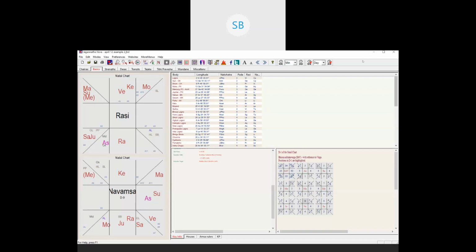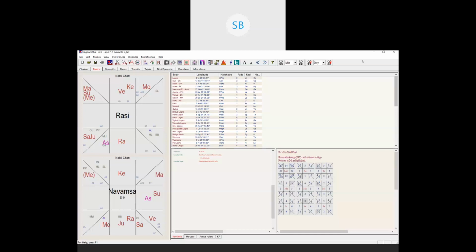Yesterday we were talking about the Marakas for this Jataka, the second and seventh houses. So the second Lord, are you guys following when I say Lord? Because that is very, very important to understand.